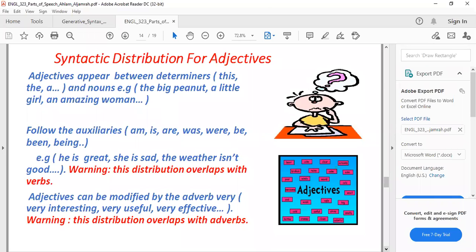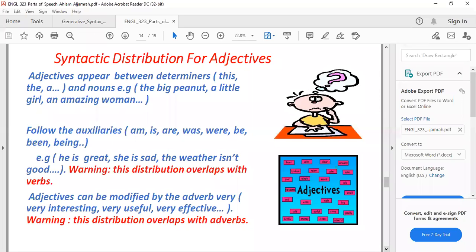Adjectives can be modified by the adverb very: very interesting, very useful, very effective. Warning, this distribution overlaps with adverbs. How? If we say she is very tall, very here is an intensifier, an adverb, and it modifies the adjective tall.